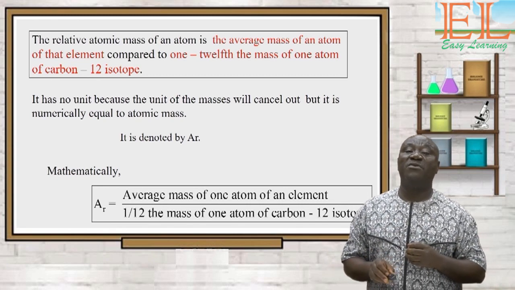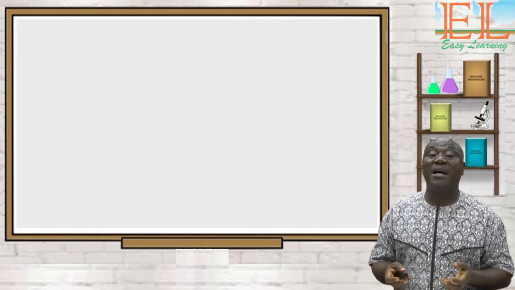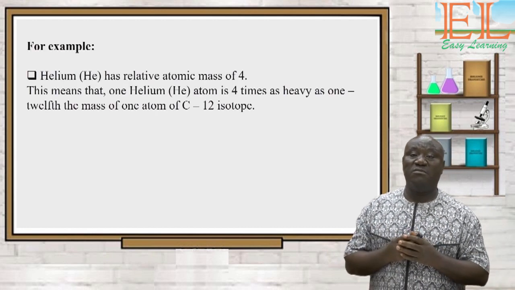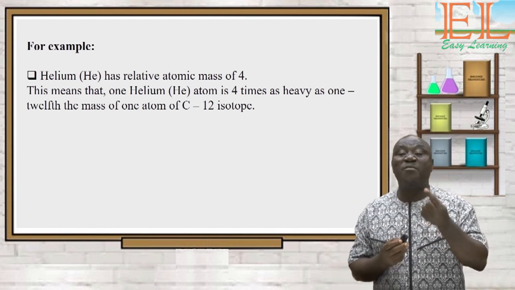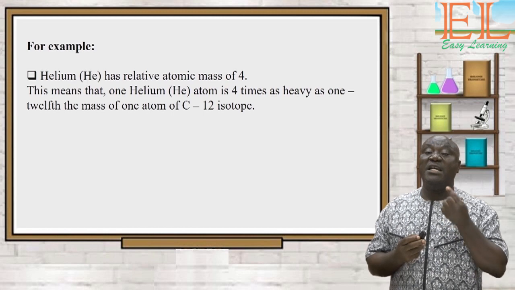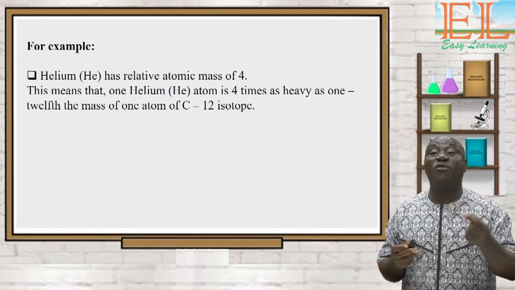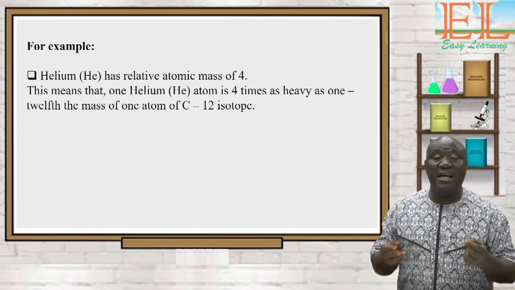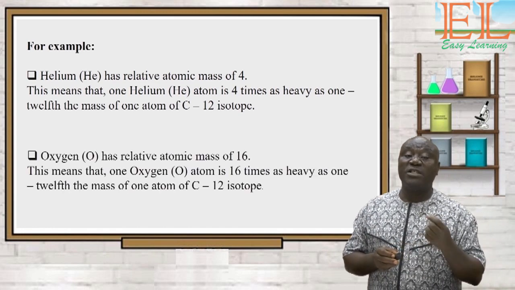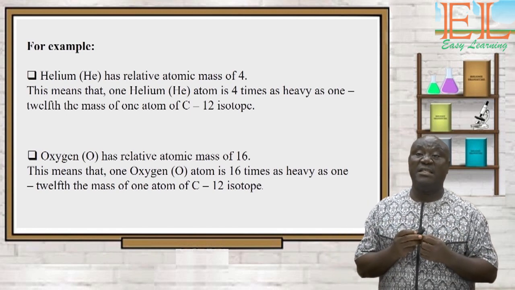So, for example, helium has relative atomic mass of 4. This means that one helium atom is 4 times as massive as 1/12 the mass of one atom of carbon-12 isotope. Similarly, oxygen has relative atomic mass of 16.